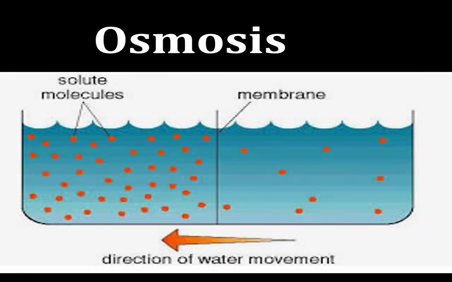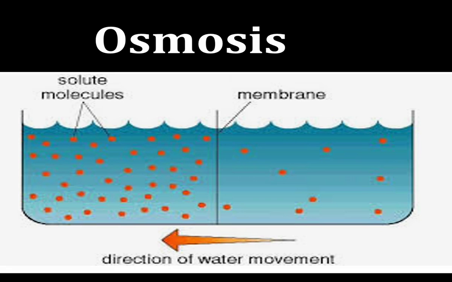Let us find out the direction of movement of molecules in this picture. In this picture, a membrane separates two solutions of different concentrations. On one side, the solution has more solute molecules. On the other side, the solution has fewer solute molecules, that is, a dilute solution.